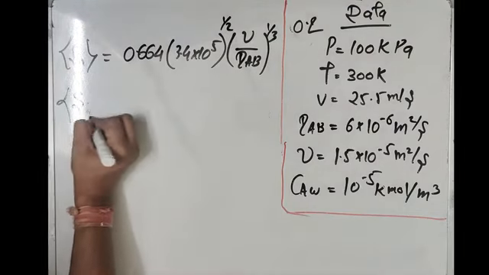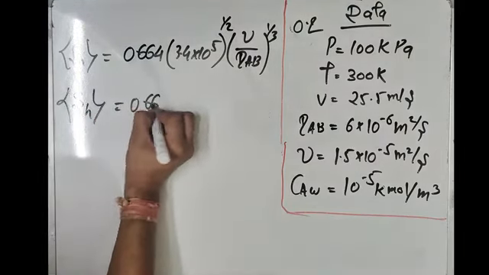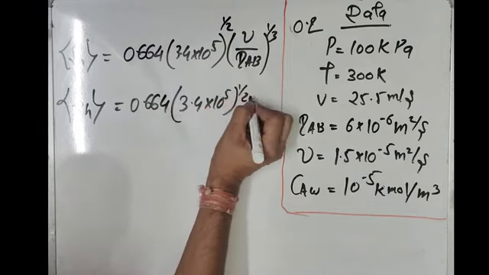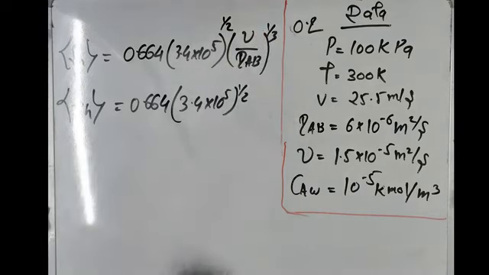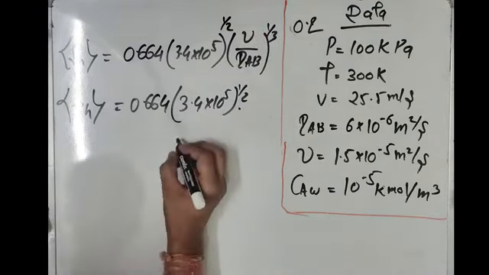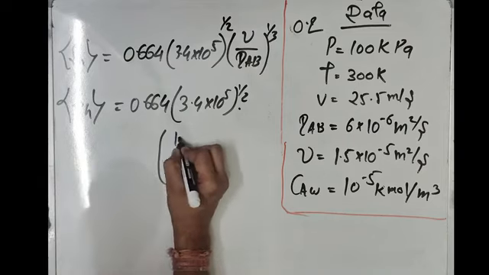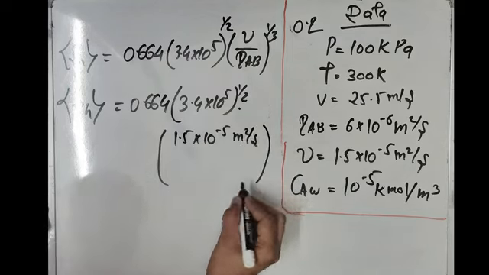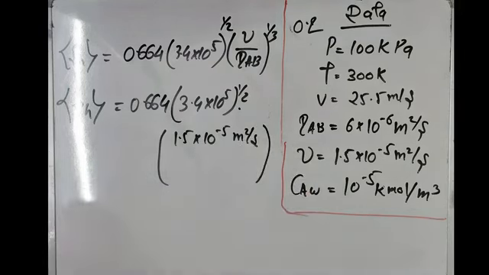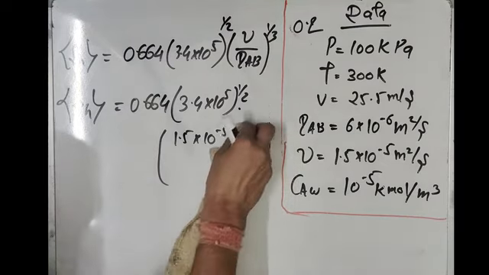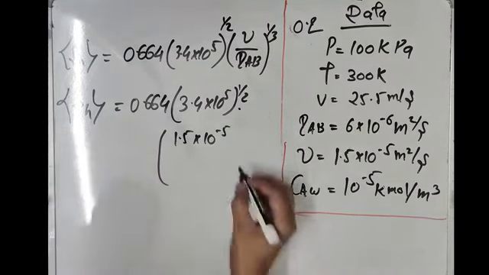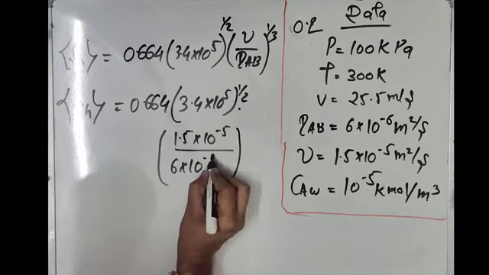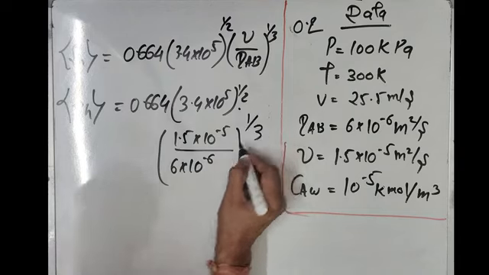Now we will substitute the values. The kinematic viscosity is given as 1.5 × 10^-5 meter square per second, the meter square per second can be removed from here, upon the diffusivity, given as 6 × 10^-6, to the power 1/3.